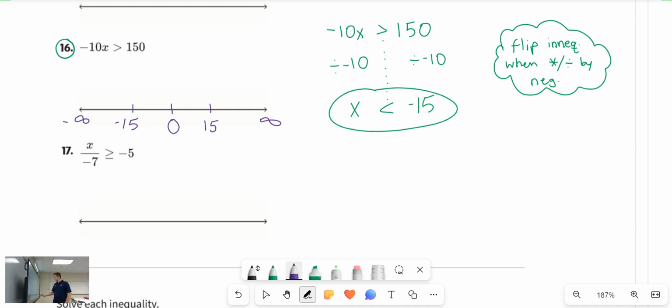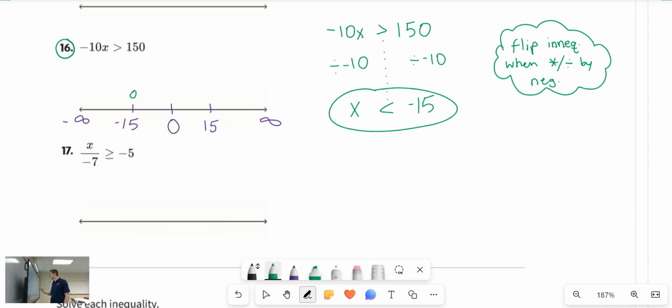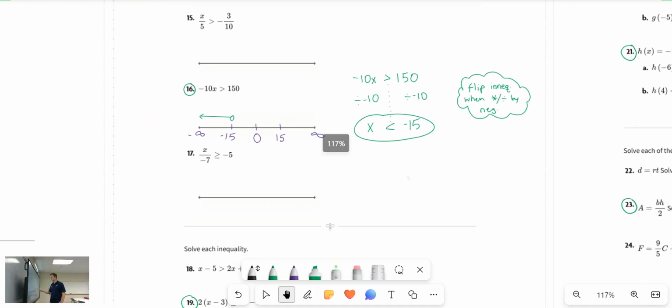Now, x has to be less than negative 15, which means we put an open circle on negative 15, and it has to be less than that. So we're going to the left. So that's number 16 solved.